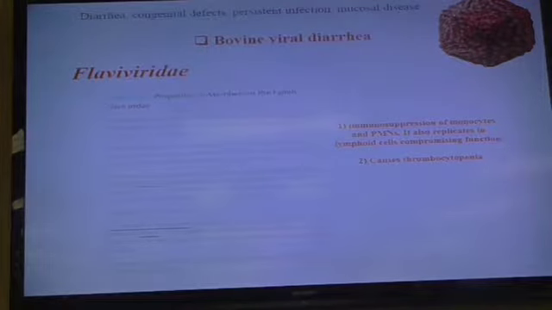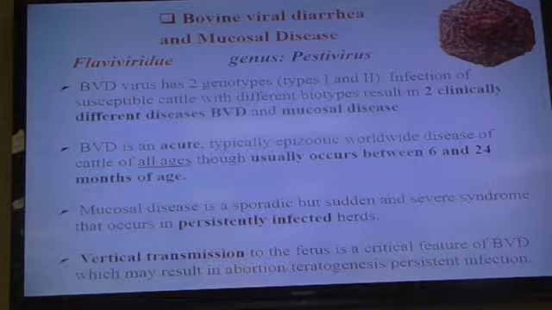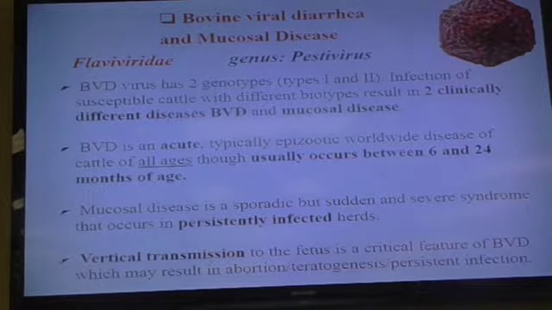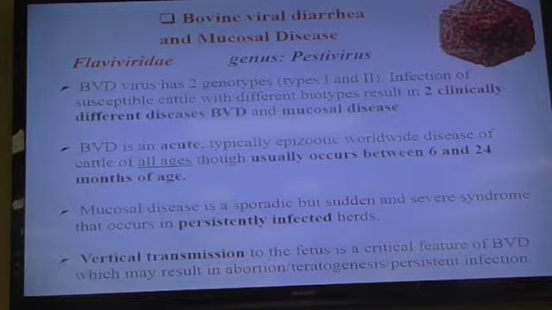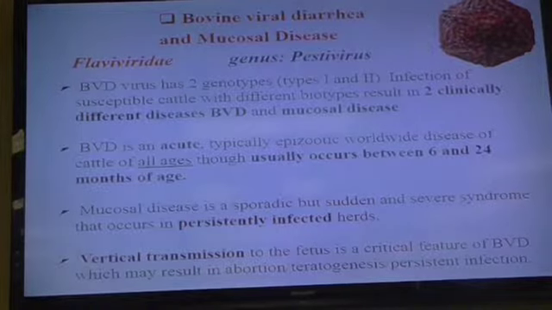There are a number of scenarios, or if you want, symptoms associated with this disease that ought to be really known very well. The genus is pestivirus, and that virus has two genotypes, and each genotype has two biotypes.